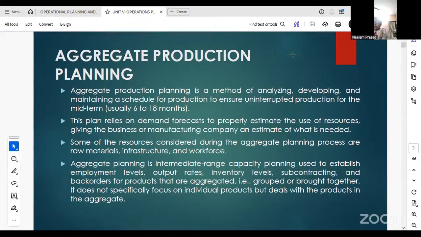It does not specifically focus on individual products but deals with the products in an aggregate. सब चीजों के लिए आपको क्या क्या रॉ मटेरियल चाहिए, कितने लोग चाहिए, क्या इंफ्रास्ट्रक्चर चाहिए. जैसे मान लीजिए आप एक कैफे चला रहे हैं तो नेचुरली एक किचन चाहिए, आपको एक जगह चाहिए जहां आप बिठा के लोगों को खिला सकते हैं, आपको इलेक्ट्रिसिटी चाहिए, आपको गैस चाहिए, जो भी आपको इंफ्रास्ट्रक्चर चाहिए.